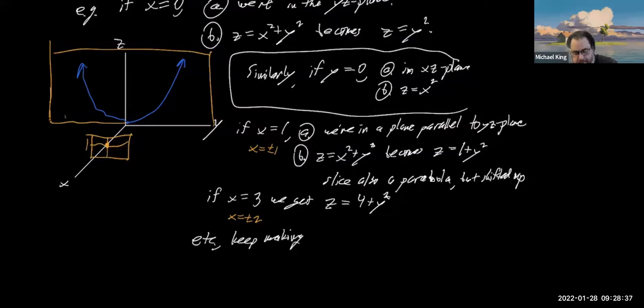And then maybe what we do is try to reassemble them in our heads in 3D, which is not necessarily easy, but we start to get a sense of the surface. Are there any questions about just that part of it, that we're basically going to be slicing either x equals constant or y equals constant?